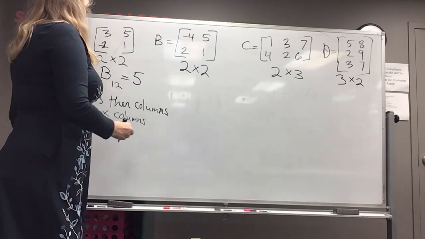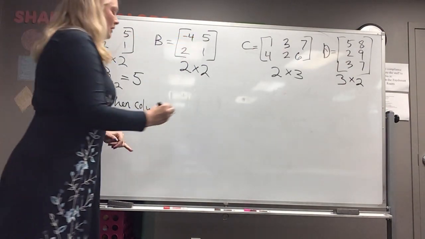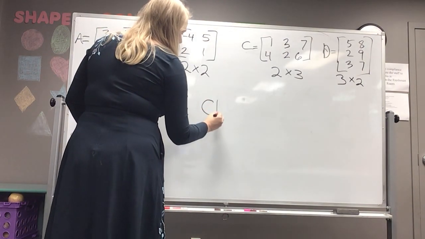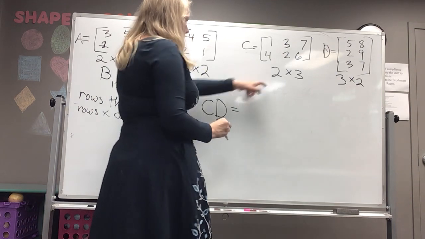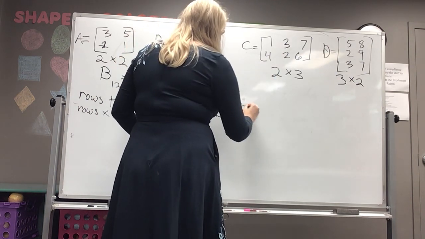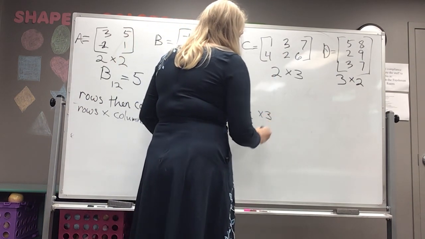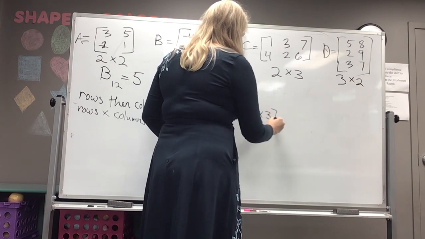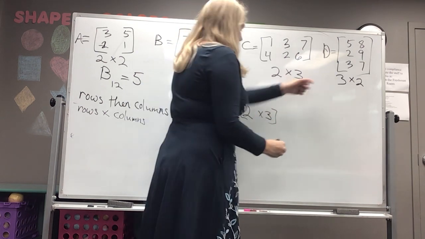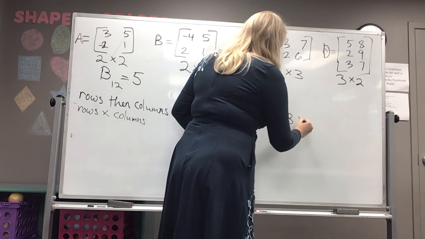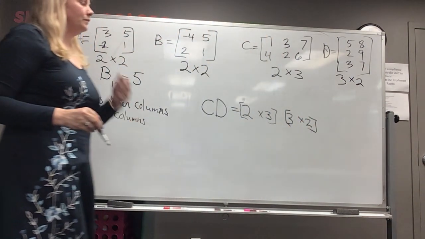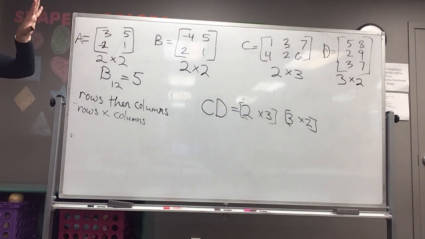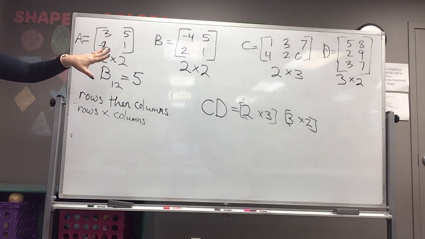So, for C and D, we want to multiply C and D. This is a 2 by 3 and a 3 by 2. This is possible. It does work.